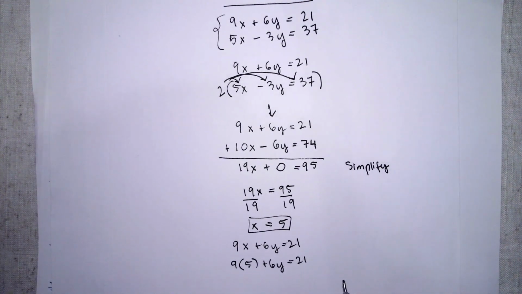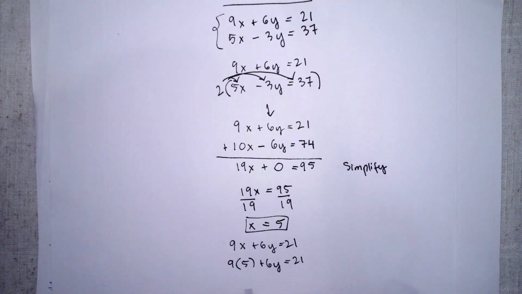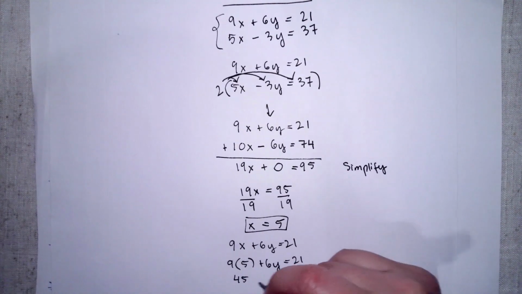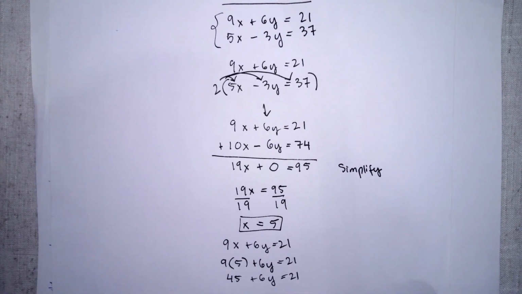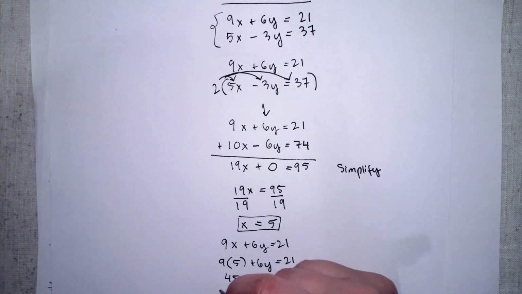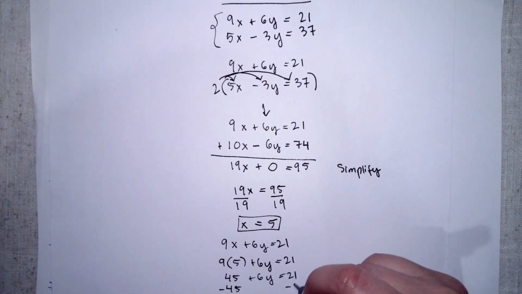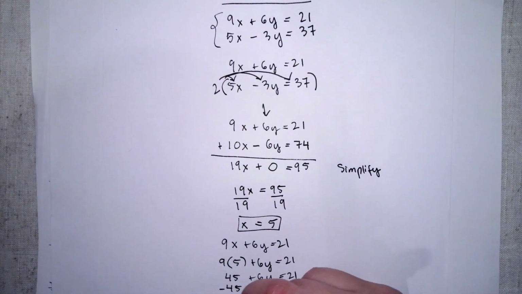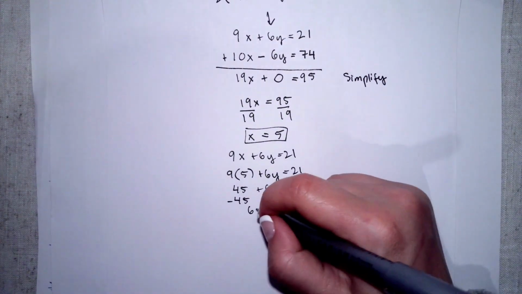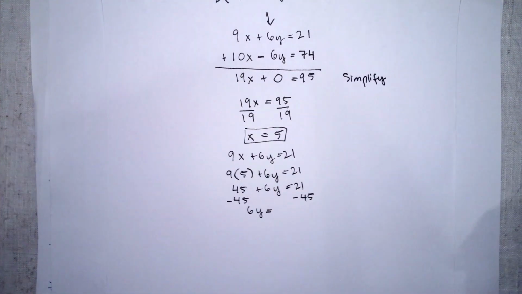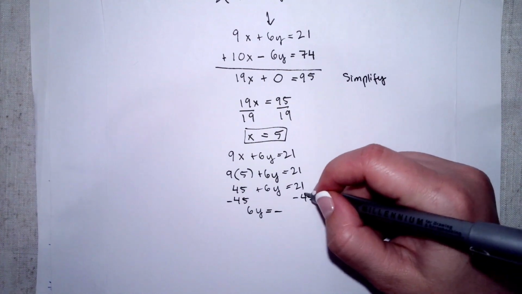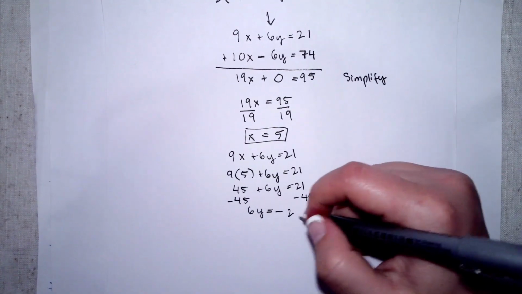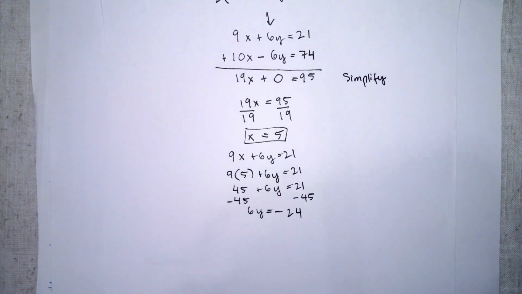And now we're just going to simplify everything out. So 9 times 5 is 45, plus 6y equals 21. Move the 45 over here to isolate the y. And we have 6y equals 21 minus 45, so it's going to be negative 24.